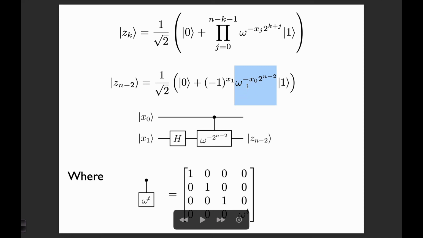How can we do that? Well, we can just do a conditional rotation. Depending on the value of x0, if x0 is 0, then we don't rotate at all, because this is just 1. And if x0 is 1, then we rotate by omega to the minus 2 to the n minus 2. This exactly gives us what we want. This creates the state z_{n-2} on this second wire here.